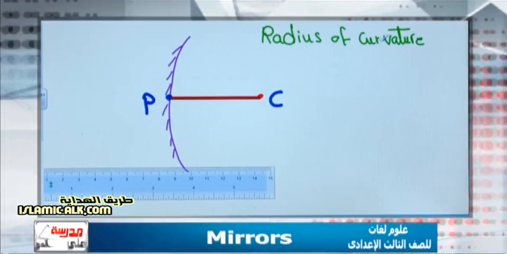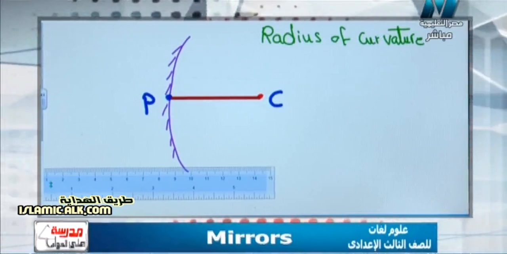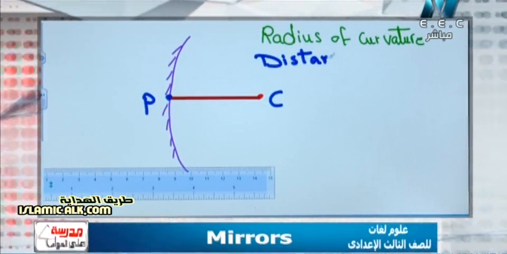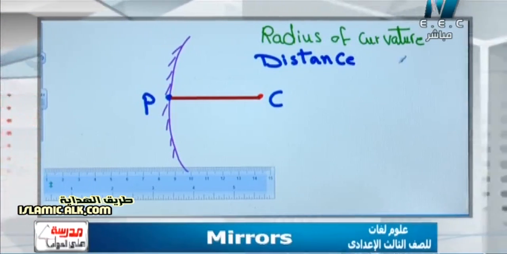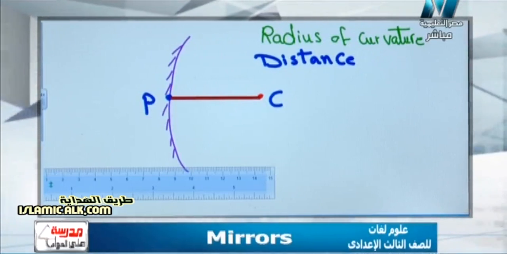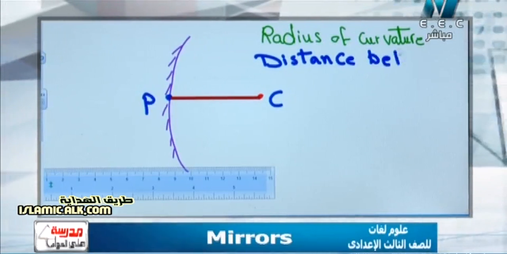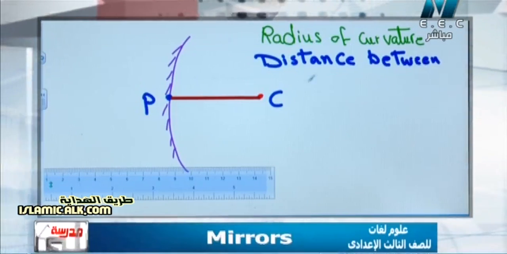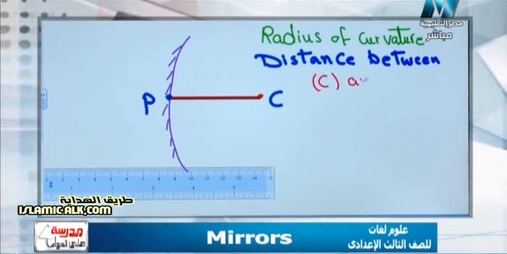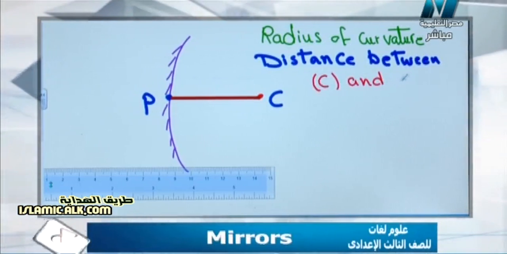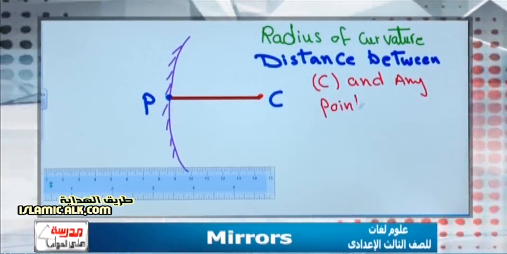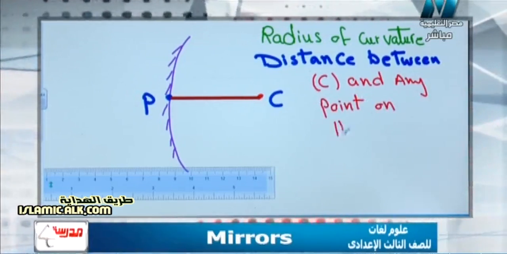So what is meant by radius of curvature? Do I say straight line? No. We have to say it is a distance, because we measure the length between P and C. Distance between the center of curvature and the pole of the mirror, or any point on the mirror.